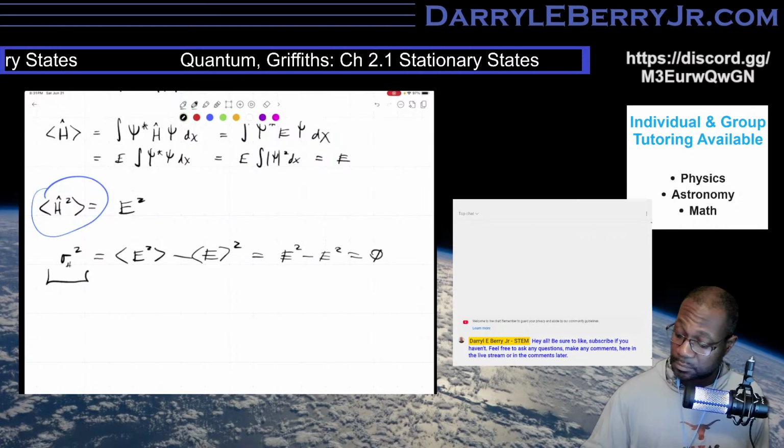So this means that there's no variance in the standard deviation or the spread of energy when it comes to these stationary states. So what the book says, every measurement of total energy returns a value of E.